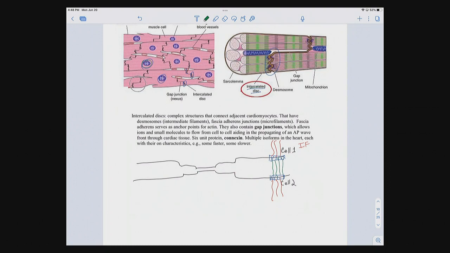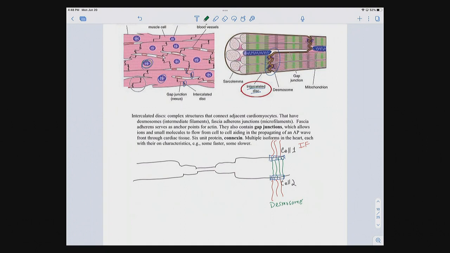So this first structure that I've drawn, we're calling a desmosome. And if you've had histology, then you know what that is. A desmosome is a structure that allows two cells to be strongly bonded to each other.